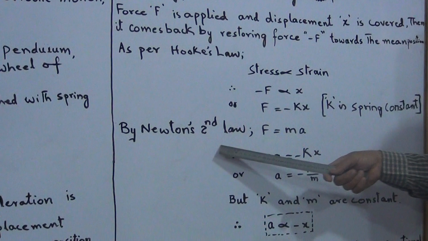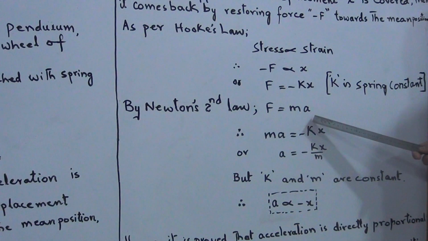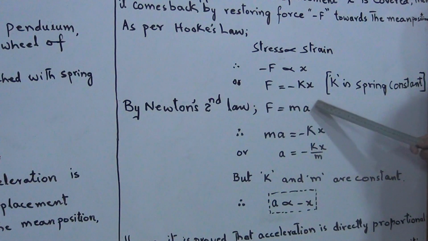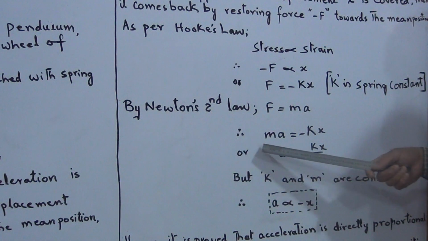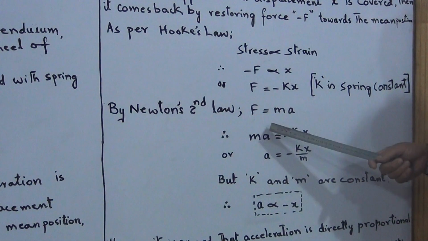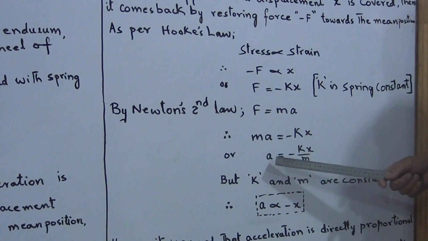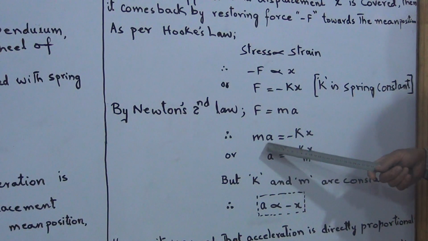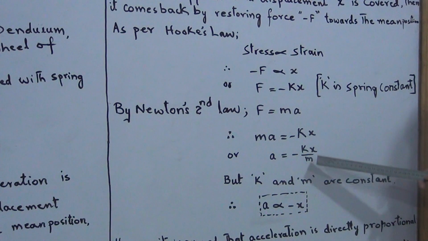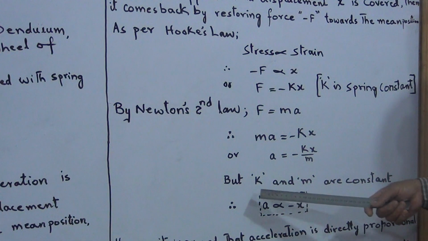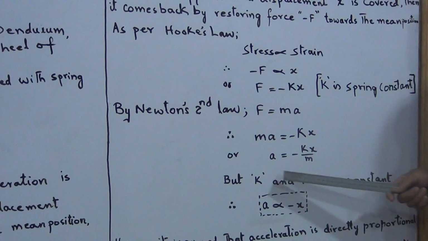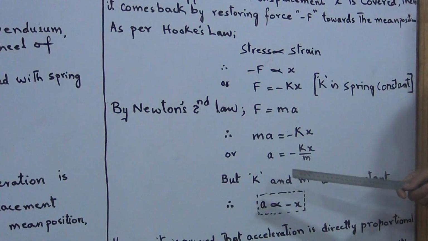Now according to Newton's second law of motion, F is equal to ma. Therefore, instead of F, we write ma. So the equation becomes ma is equal to minus kx. To evaluate the acceleration, m is multiplying here, so m will be divided: a is equal to minus kx upon m. But k and m are constant because the mass of the body is constant and k is the spring constant.